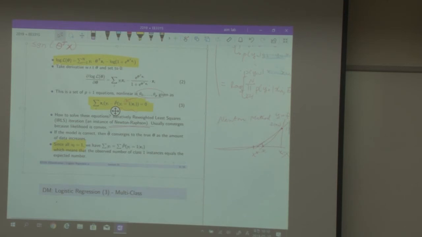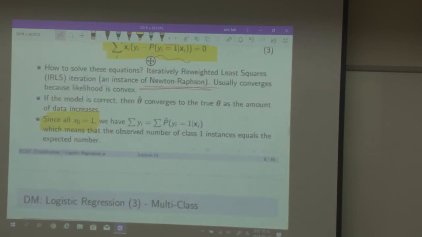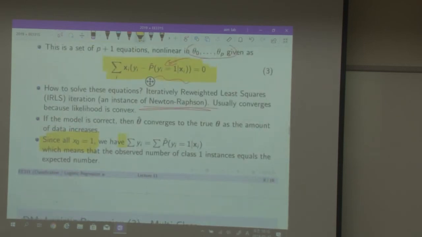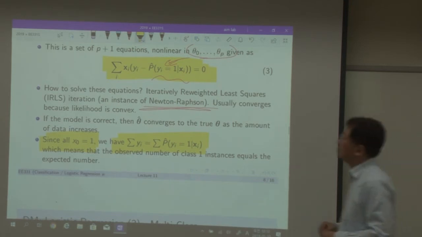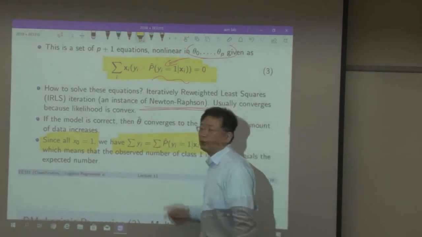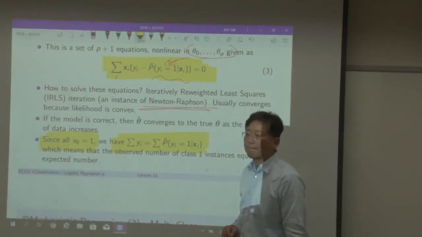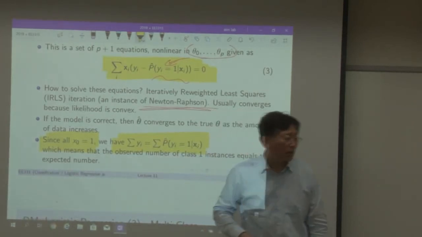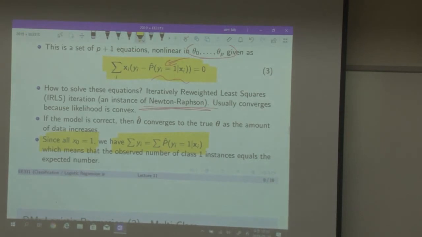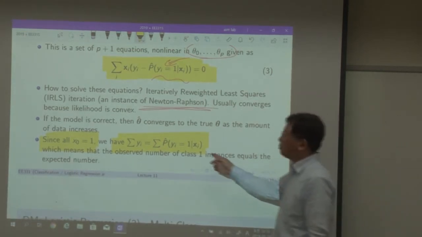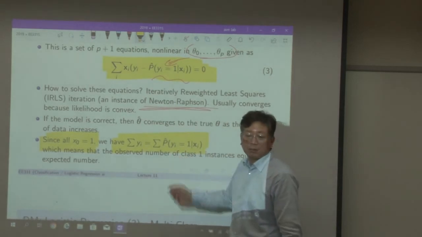To get rid of the bias and put it in the theta. The summation of the yi's has to equal this probability. Why? Why do you think this has to be?